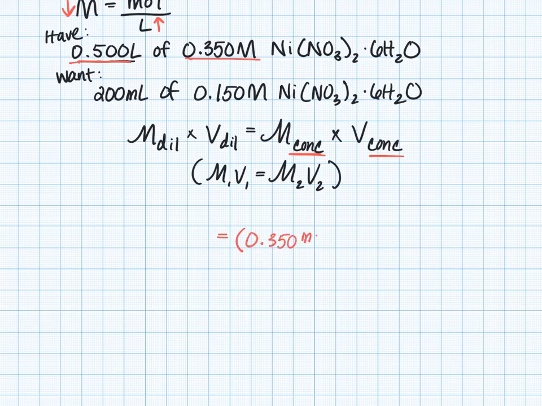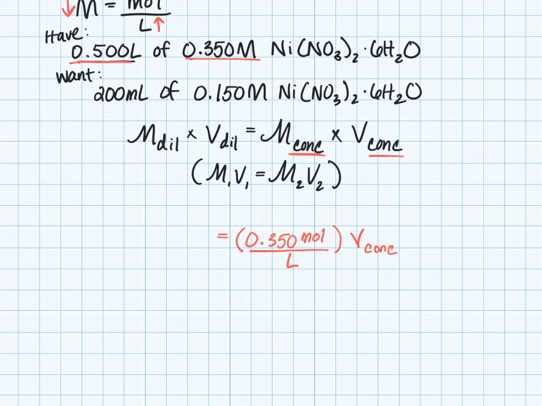Again, I'm going to write moles per liter. In this case, I'm not going to have you write down nickel 2 nitrate hexahydrate because you're dealing with the same solution throughout this problem. It's not going to change. And then instead of plugging in the volume that I have, I'm leaving this empty. Now, why am I leaving this empty?